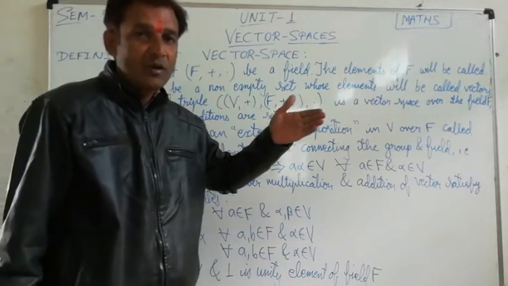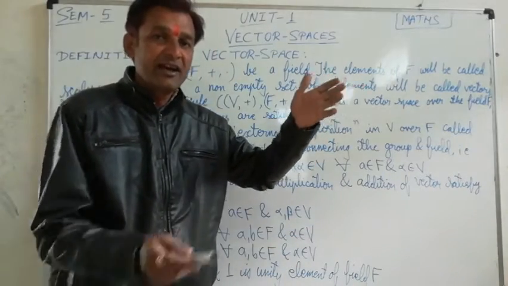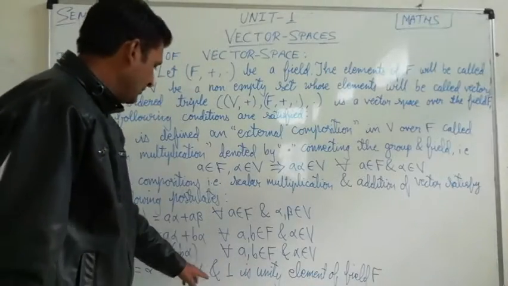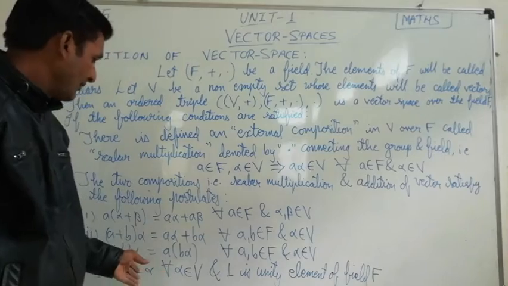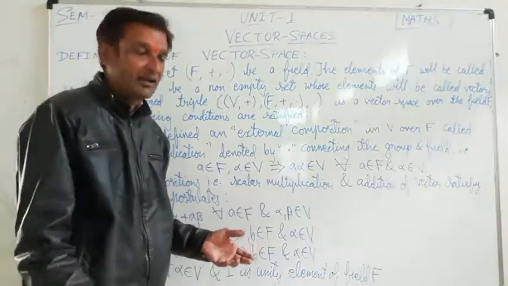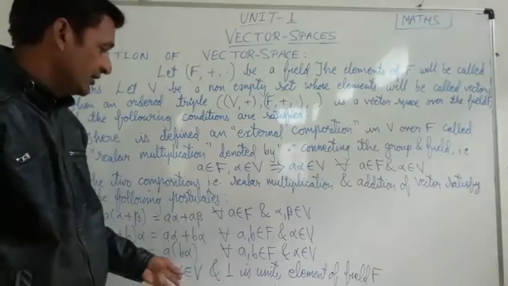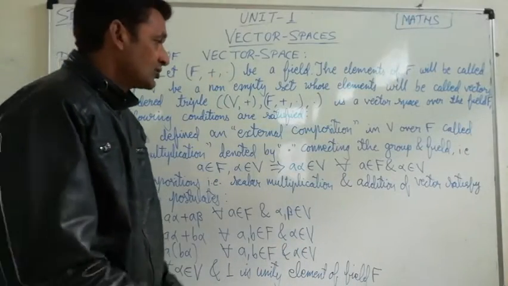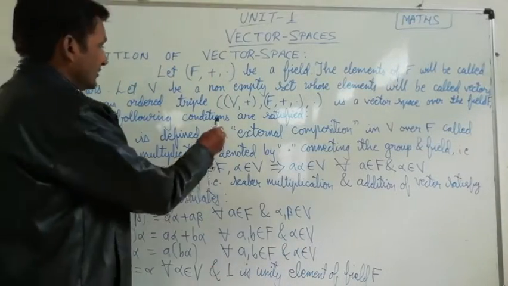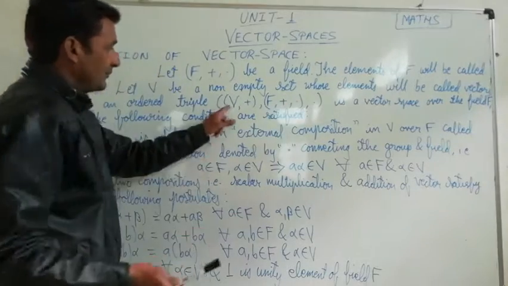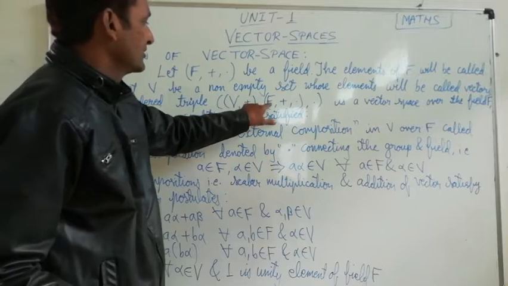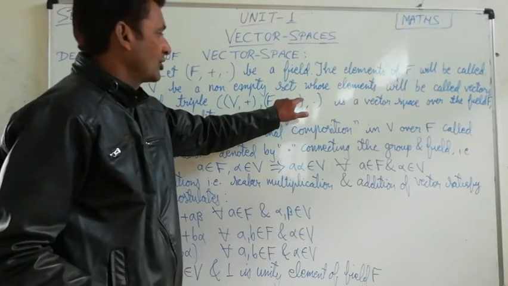We discussed the existence of an identity in addition, which was 0. Here in multiplication we know very well that if we multiply 1 with any vector, there will be no change in that vector. This is called the unity element of field F. So this notation is cumbersome and tough to write in this manner: V plus, then F, comma plus, comma dot.